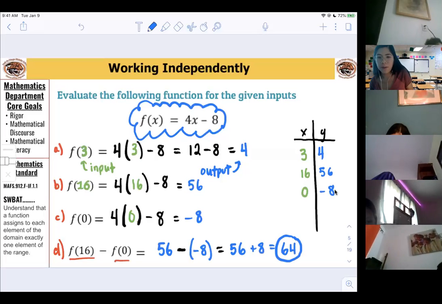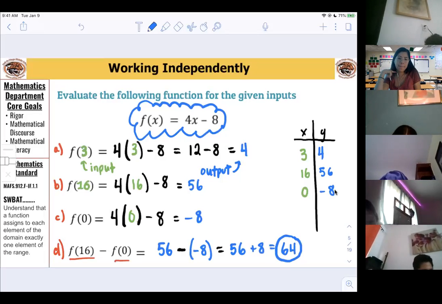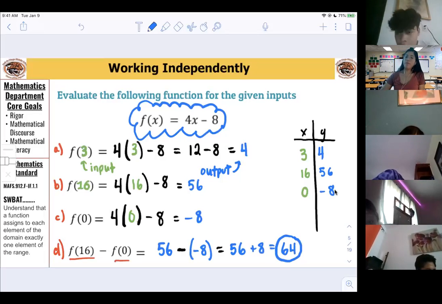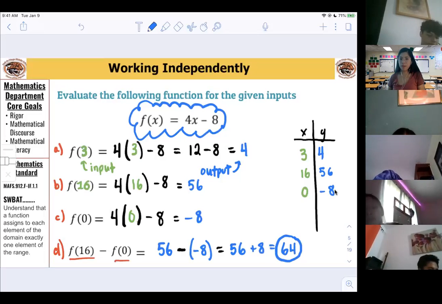Any questions so far? Yeah, miss. Why did you put 56 plus 8? Would anyone else like to explain that one? I'm curious. Because does a negative make a positive or something like that? Something like that. Julia, what were you going to say? I was going to say that because they're both negative, if you subtract a negative, it turns to addition, and then it's 56 add 8.